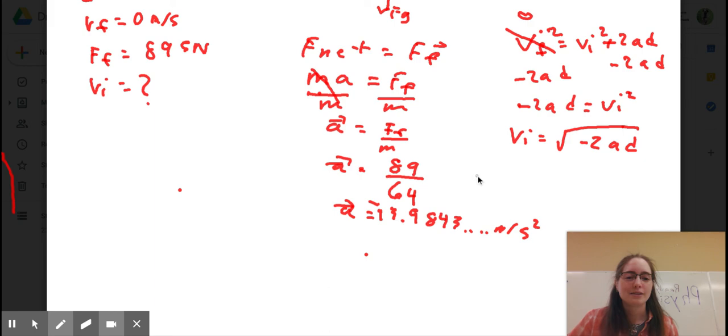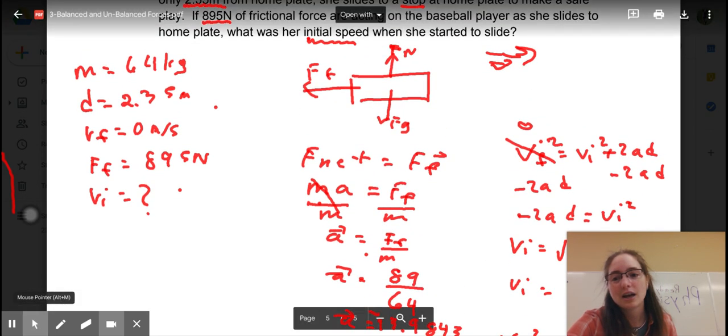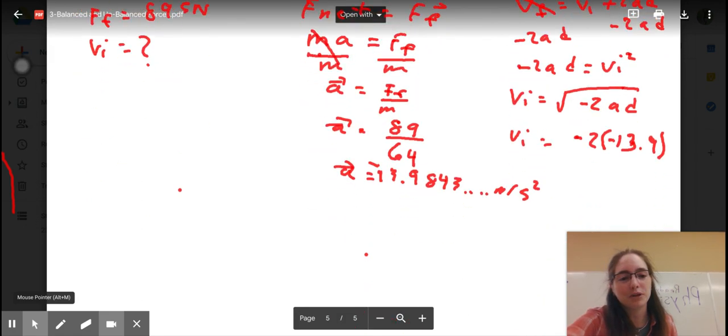So your VI is equal to the square root of negative 2 times your negative 13.9, etc., use all values. And your distance, we're going to have to go all the way back up here to get our distance of 2.35 meters.